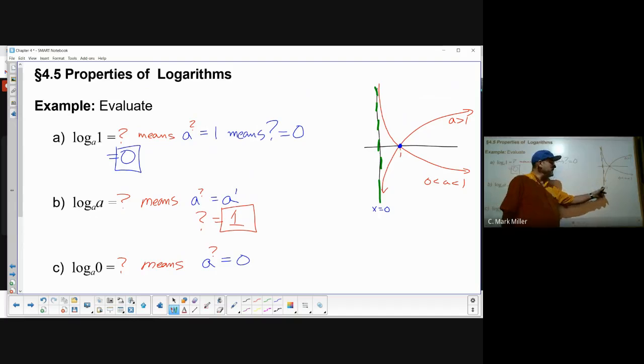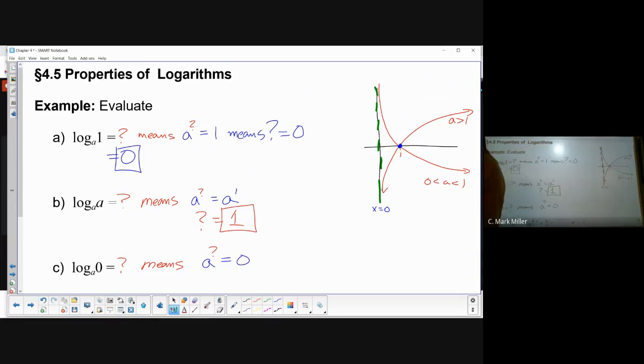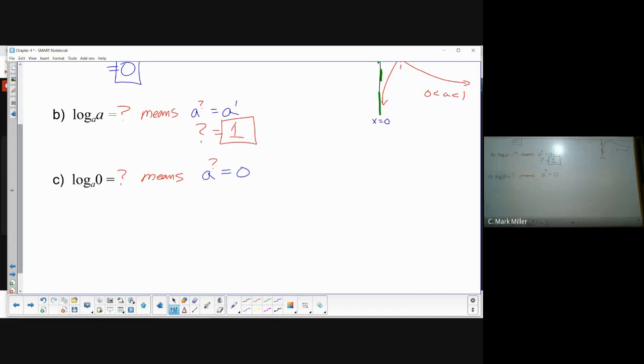So when you plug in 0, the logarithm is undefined. There is no power to which you can raise a positive number and get 0. So this is undefined. It is like, what color is Tuesday?